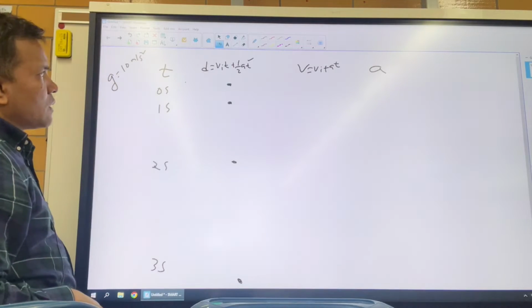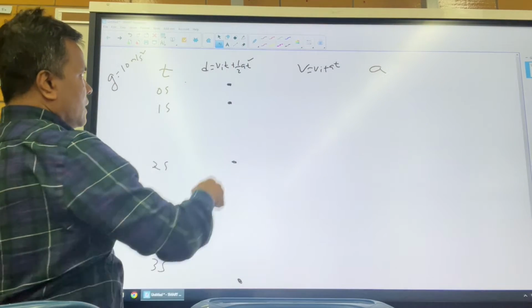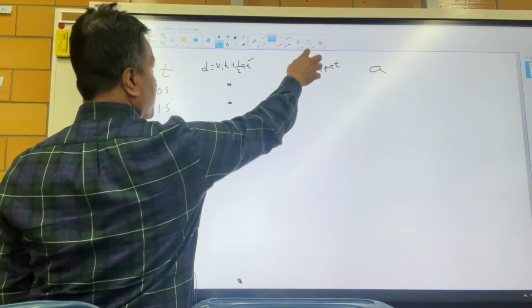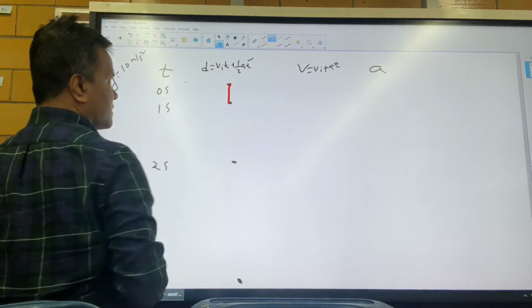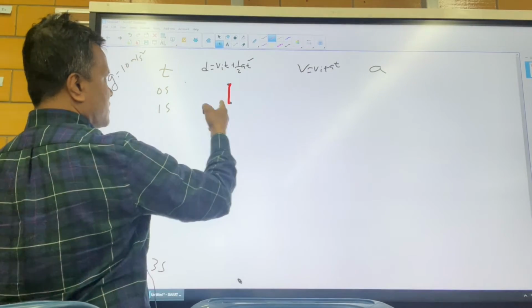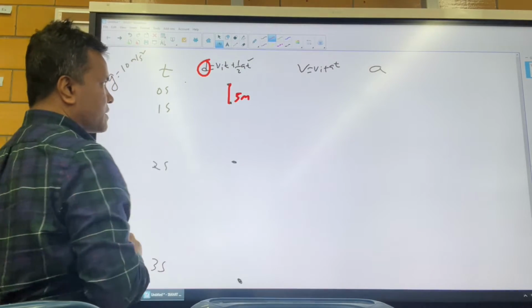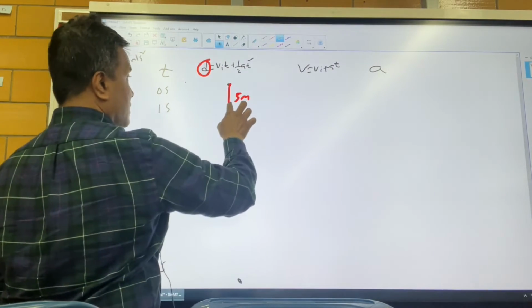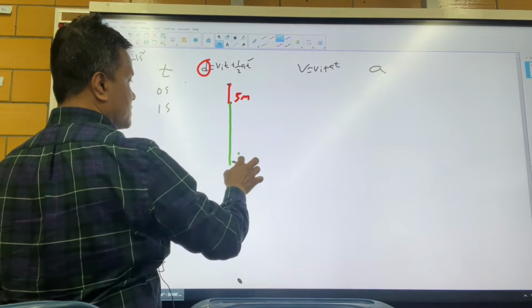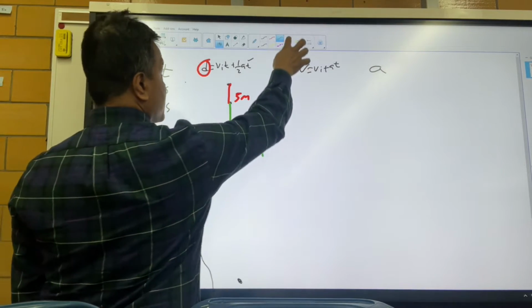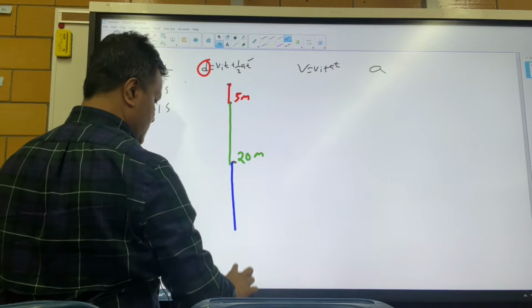So the distance traveled at the end of 1 second is 5 meters. At the end of 2 seconds, it travels 20 meters, and at the end of 3 seconds, it travels 45 meters.